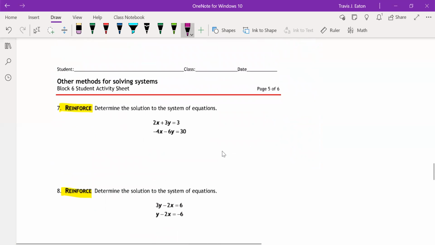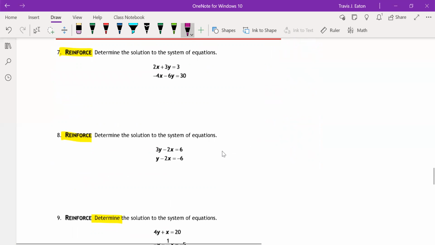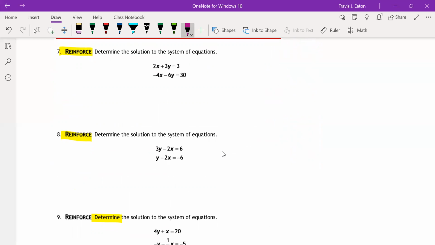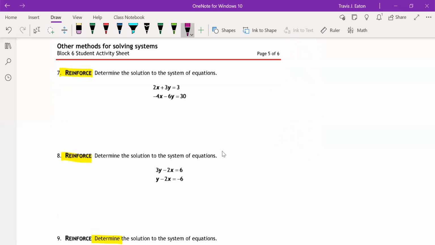So what we have now, we have 3 different systems of equations that we're going to work through and solve. So let's take a look. We have 2x plus 3y equals 3 and negative 4x minus 6y equals 30. Now, we're going to have to manipulate the system, and we need to come up with a plan.